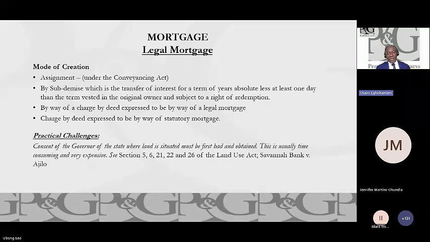And interpreting Section 22 and Section 26 of the Land Use Act, it is a void mortgage. It simply means that the bank will have to write off that loan 100%, because usually when you're trying to exercise your right over the mortgage, it means the borrower is bankrupt and cannot pay. So you can imagine in Savannah Bank, having spent a number of years all the way to the Supreme Court, the bank lost out completely.